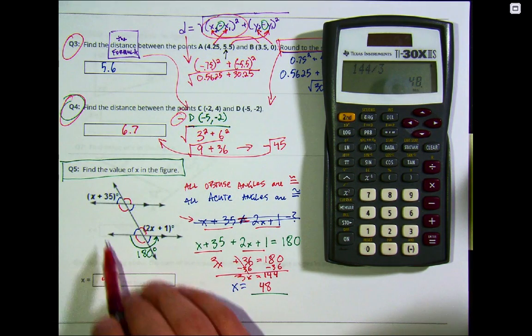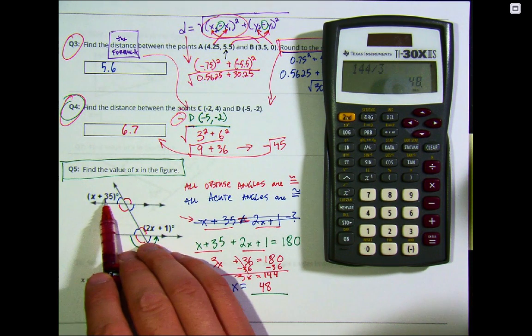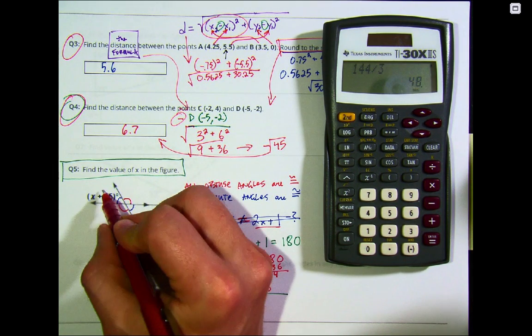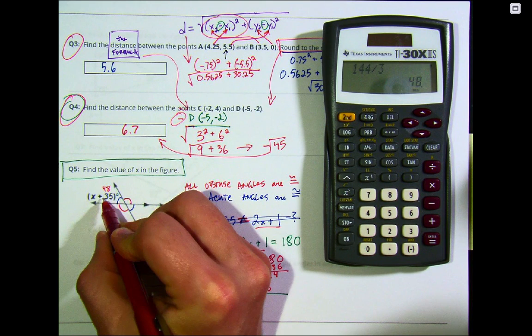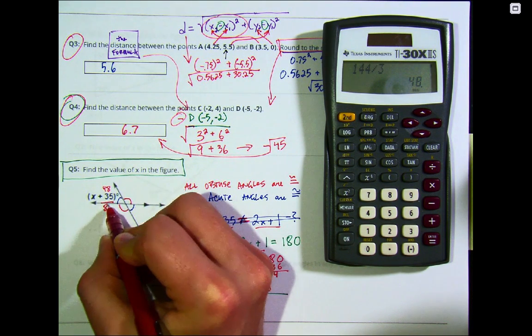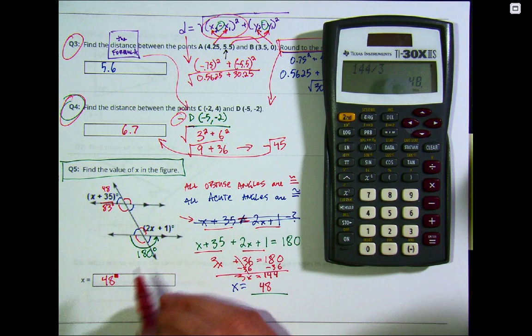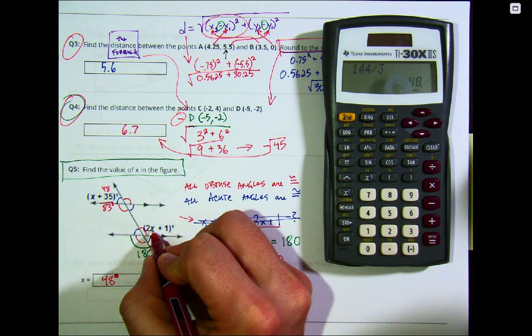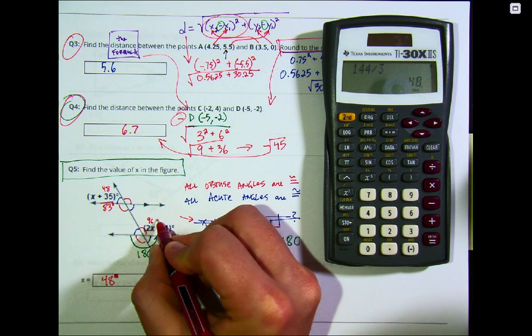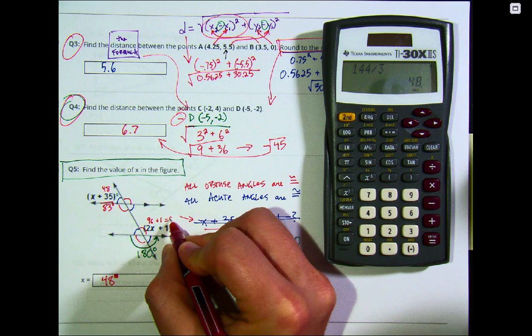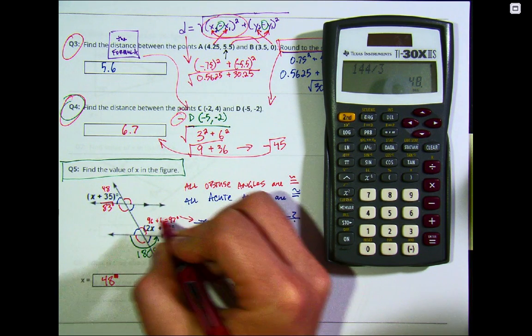If x is 48, 48 and 35 is 83 degrees. Does that seem reasonable for that? Yeah. And if x is 48, 2 48s is 96 plus 1 is 97. That's an obtuse angle. That's an acute angle.